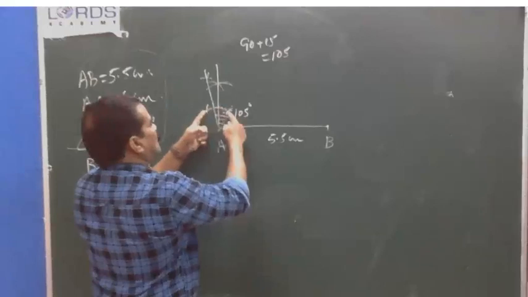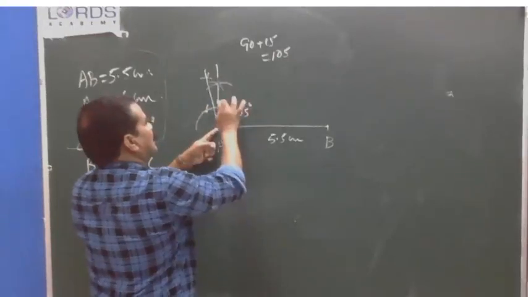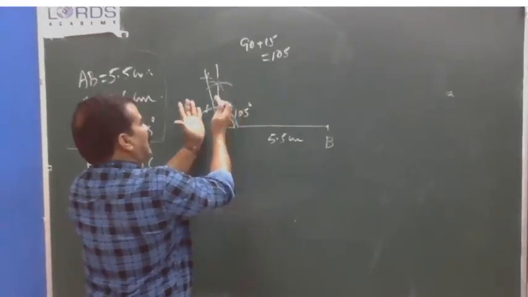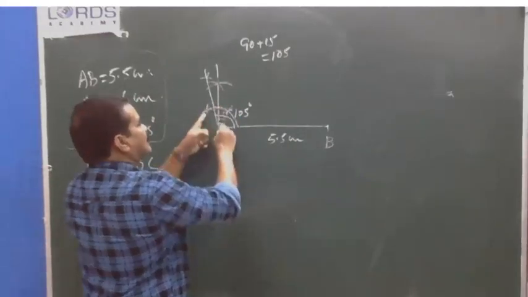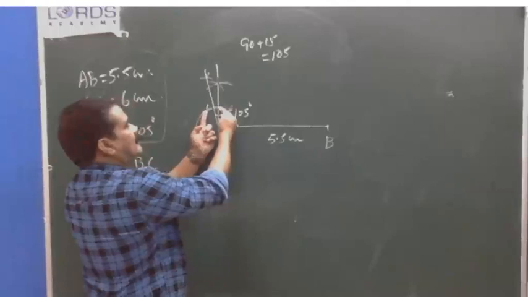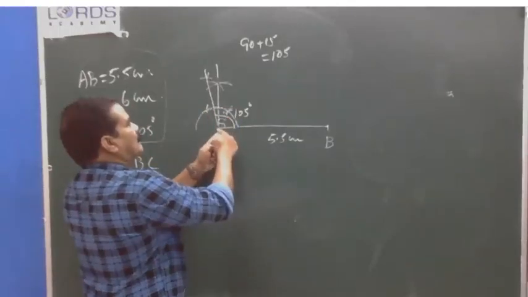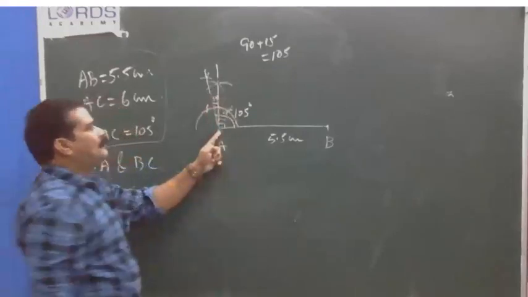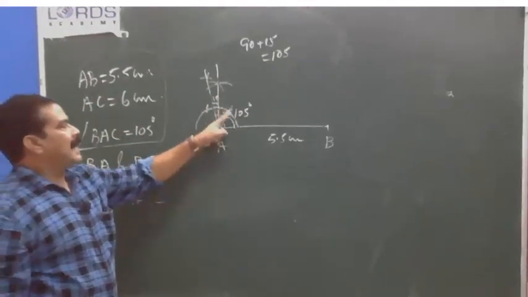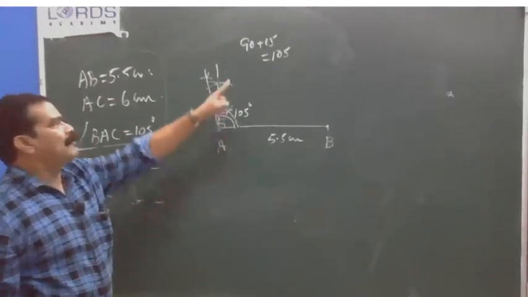Between these two you get 30, so 60 plus 30 is 90. Then again, this angle is 30. You take the bisector of this angle, and that will be 15. This 90 plus 15 gives you 105.